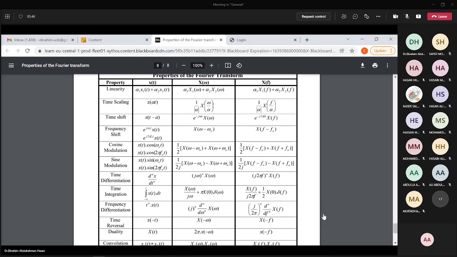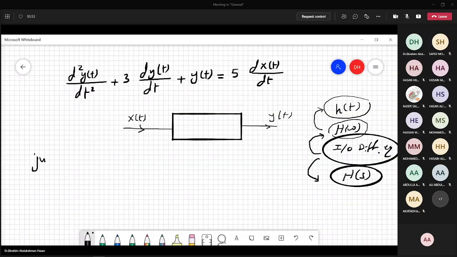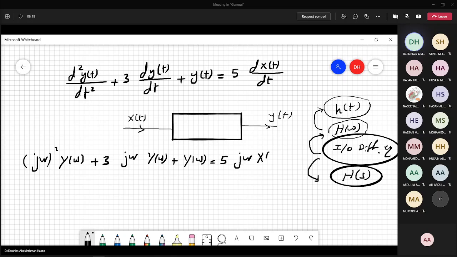If we go back, this is the first derivative here, and a second derivative, so it is equal to j omega squared Y of omega, plus 3 times the first derivative, so 3 j omega Y of omega, plus Y of omega, equal to 5 times the derivative of x, so it is 5 j omega X of omega.